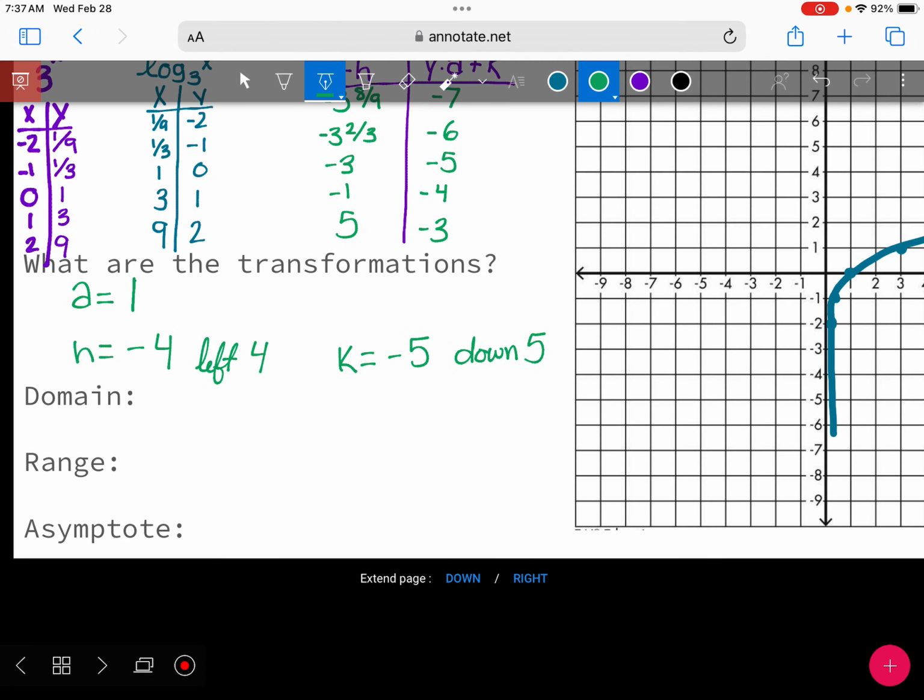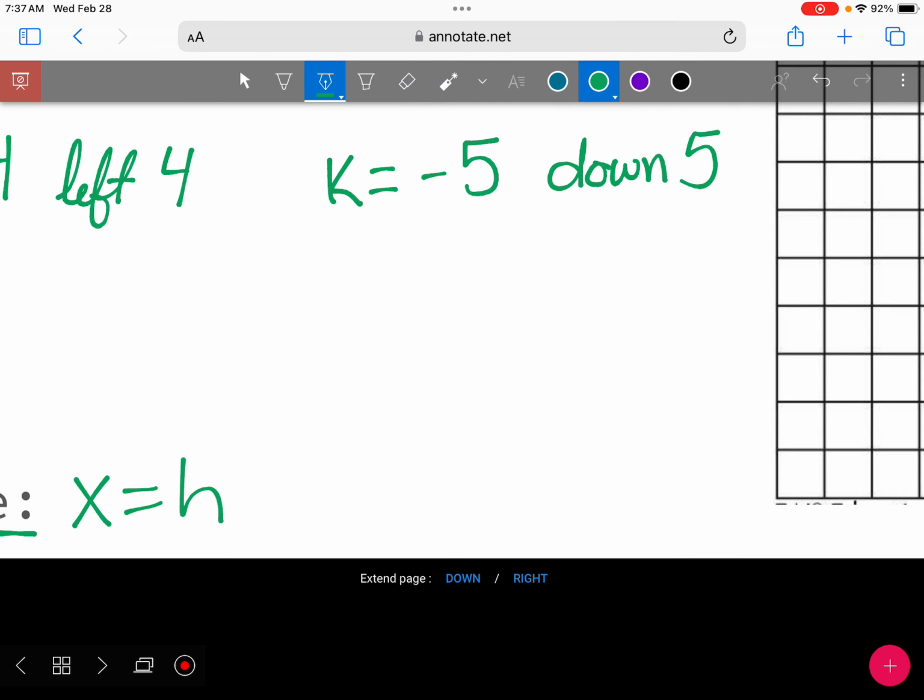Then I'm going to pop all the way down to the bottom of my page here, and I'm going to write down our asymptote. Our asymptote is going to happen whenever we have x equals h. So our asymptote is going to happen at x equals negative 4. It also gets shifted left. So the asymptote still moves with those transformations.